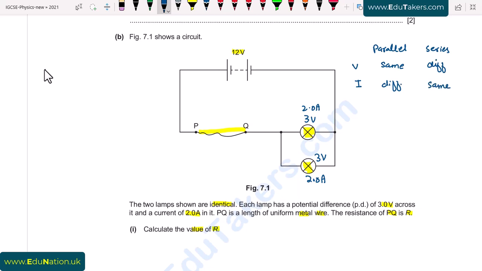So in this circuit we can see that both of these lamps are in parallel. It means that the potential difference remains same. There is a 3 volt potential difference across the first lamp, and also in the second lamp there is 3 volt potential difference. And when we see the current values, the current in parallel combination is different.